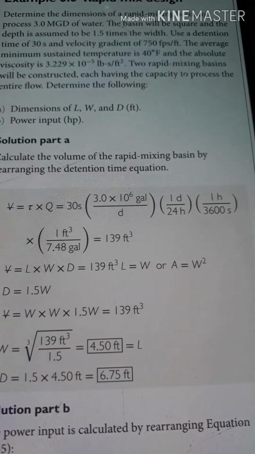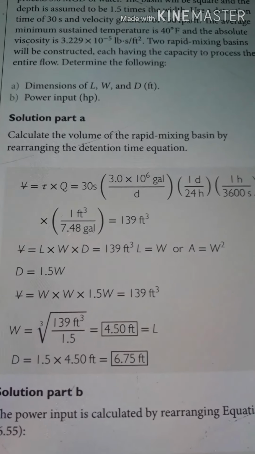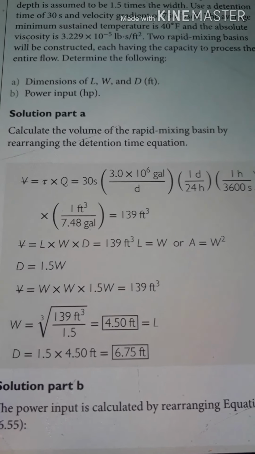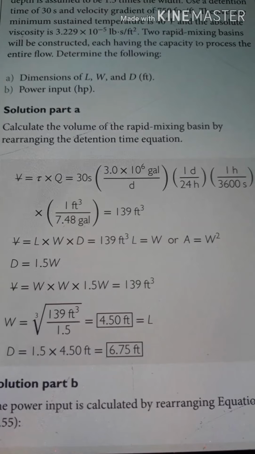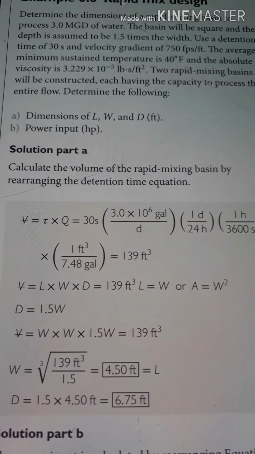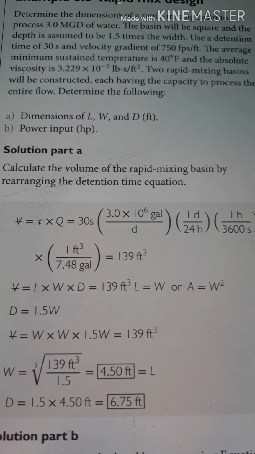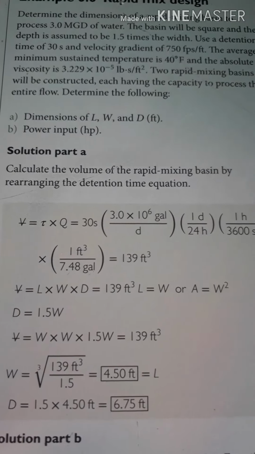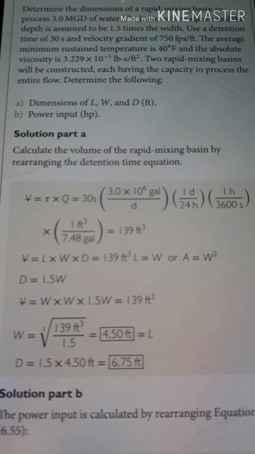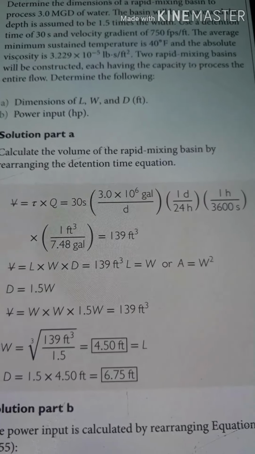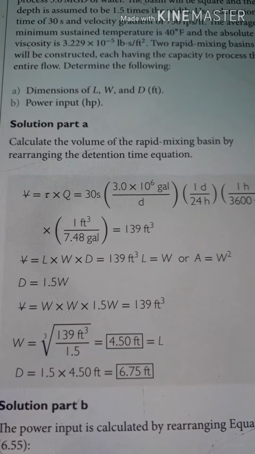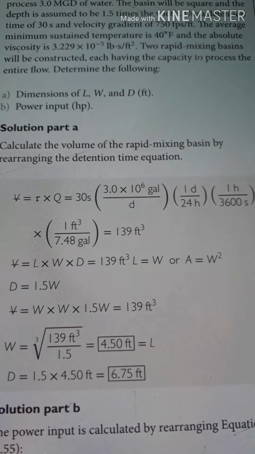So instead of length times width, the volume becomes width times width, times the depth, which is 1.5 times the width, as indicated earlier. So instead of length times width times depth, we have W times W times 1.5 times W, where 1.5 times W is the depth.